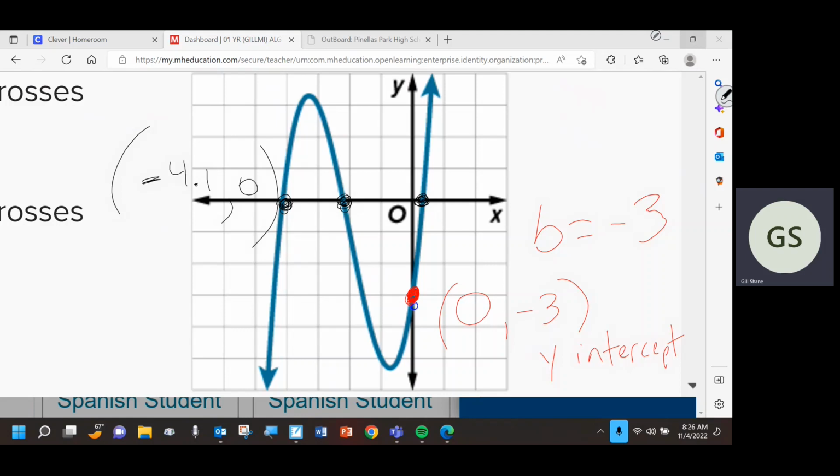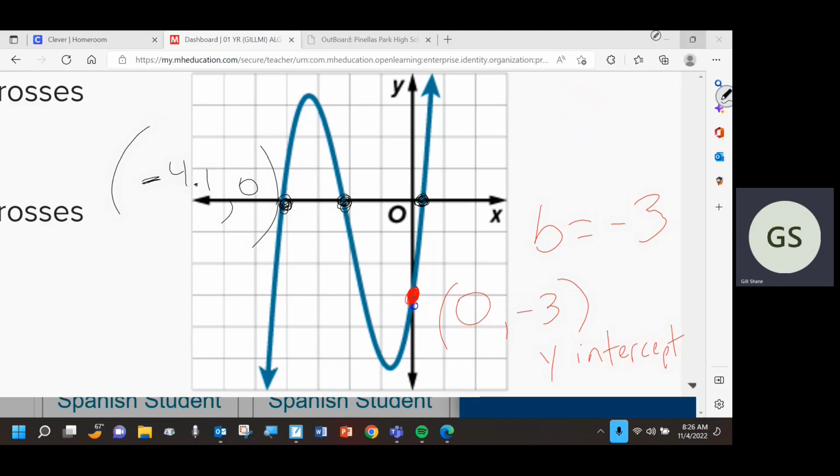Again, make sure you remember to go left or right first. That's about the only thing you can really mess up on this type of question when you do the quiz. Just make sure you go left or right first to give me the first value, and then you go up or down. Well, we're not going up or down because we're right on that point already. That's why the second one is a 0.